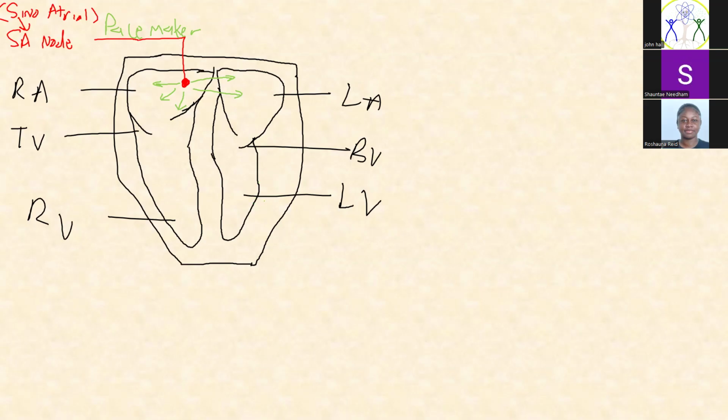So now we have the right atrium and the left atrium receiving that signal. And because the signal is moving at a good fraction of the speed of light, it causes both right and left atria to contract at about the same time, right?